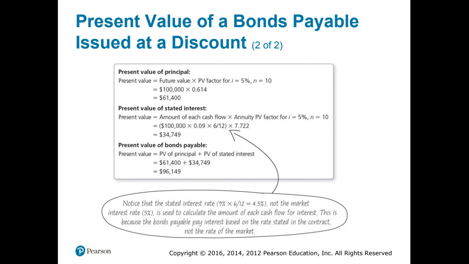We found our factor and plugged that in, so we've got 100,000 times 0.614, which gives us 61,400.